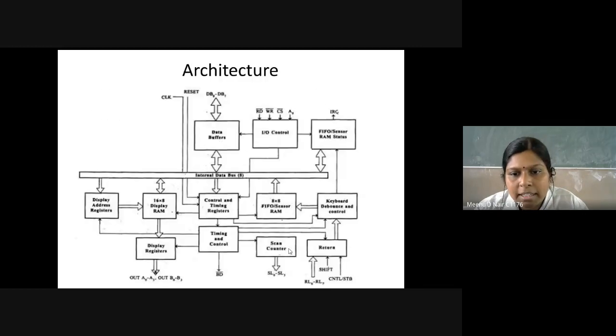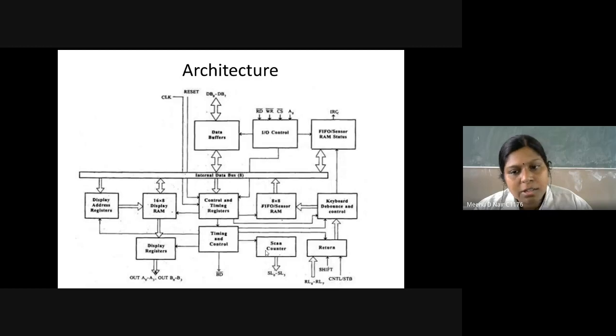So in the scan counter, the first one is encoded mode. In encoded mode, it gives the complete signal to SL0 to SL3, and only outside will it be decoded. That is encoded mode.